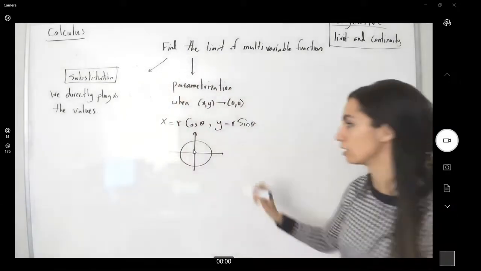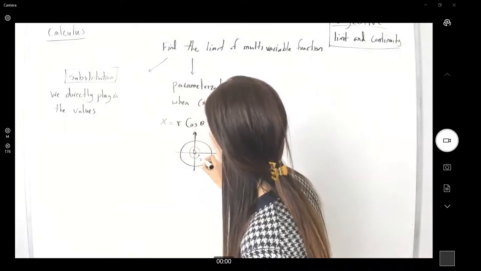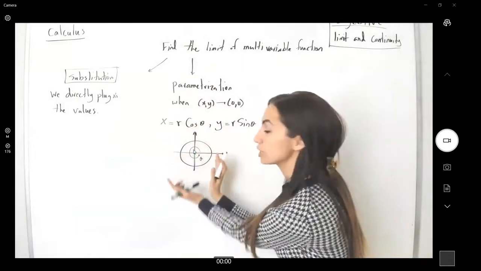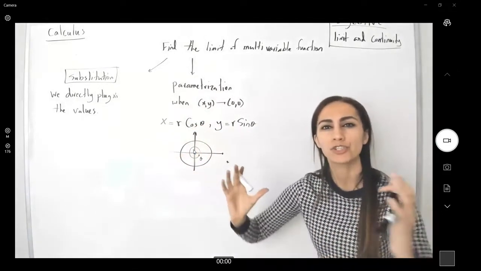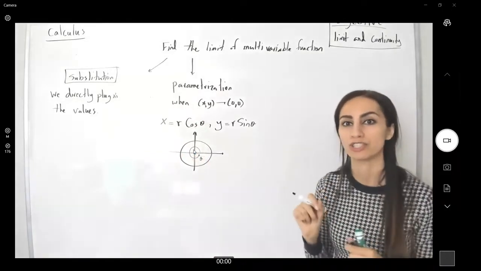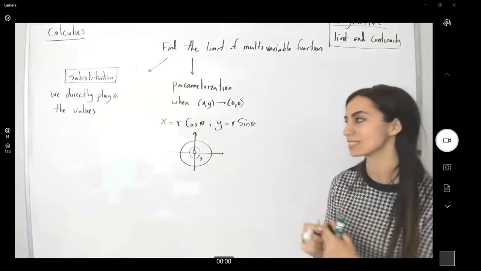The theta is actually not important for us. What is important? R is important. We're taking this circle and shrinking it toward the origin. So r, or the radius, approaches 0.